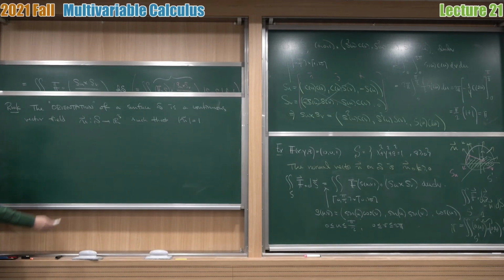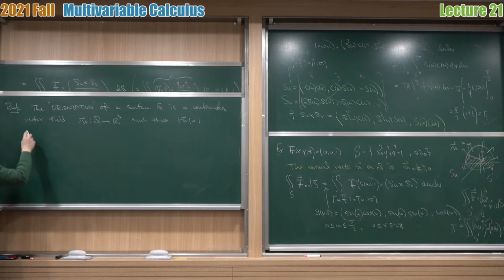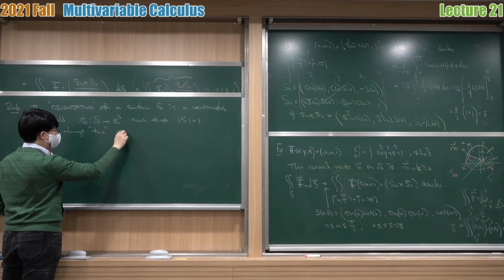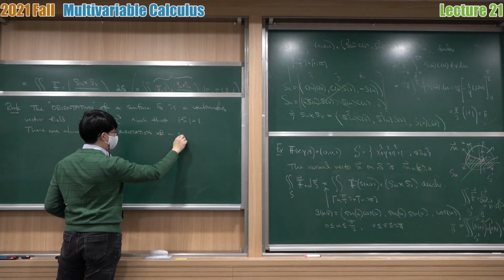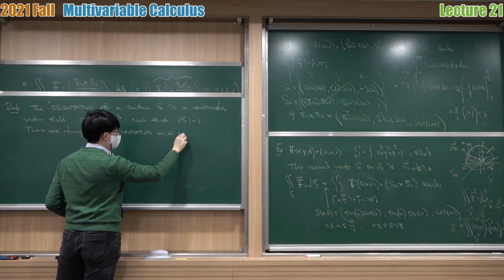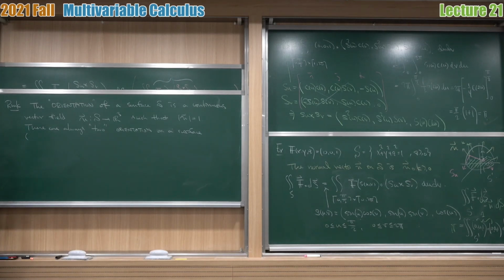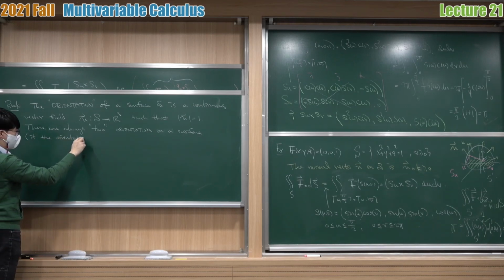For example, there are always two orientations on a surface. And there's a big assumption there: if the orientation exists.